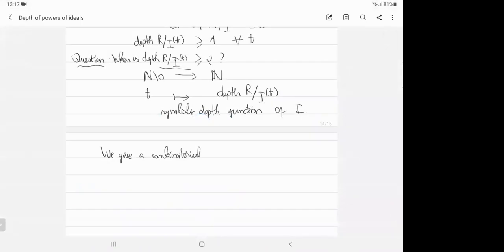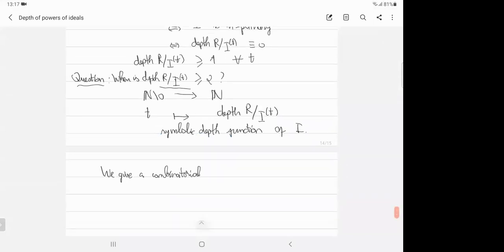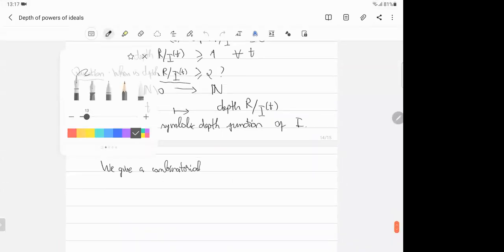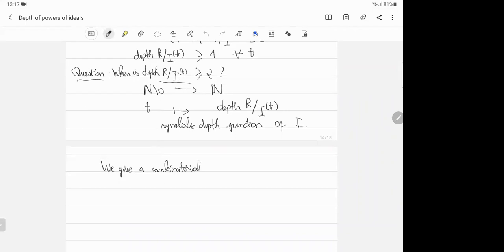So coming back to our lecture today, we will give a combinatorial condition, in terms of the degree complex, ensuring that an unmixed monomial ideal has depth at least 2.